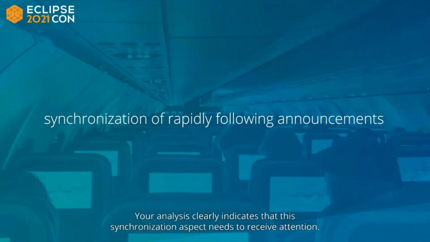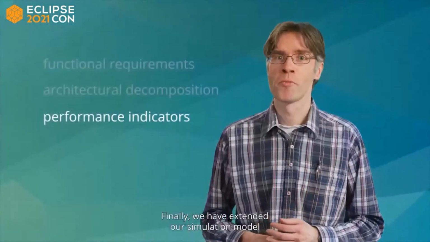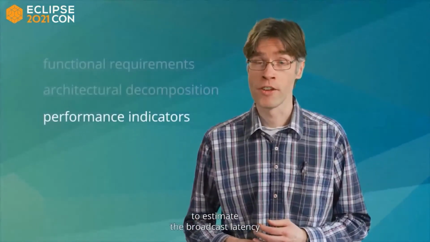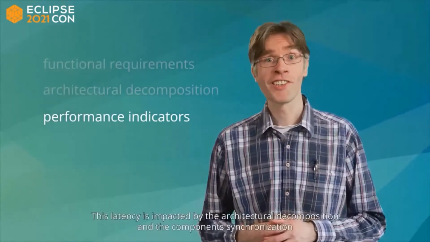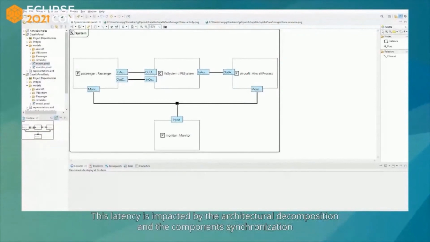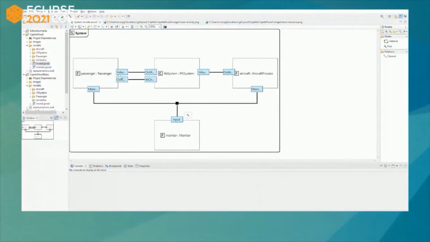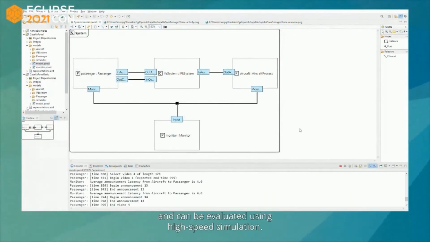Your analysis clearly indicates that this synchronization aspect needs to receive attention. Finally, we have extended our simulation model to estimate the broadcast latency, all the way from the flight crew to the passenger. This latency is impacted by the architectural decomposition and the component synchronization, and can be evaluated using high-speed simulation.